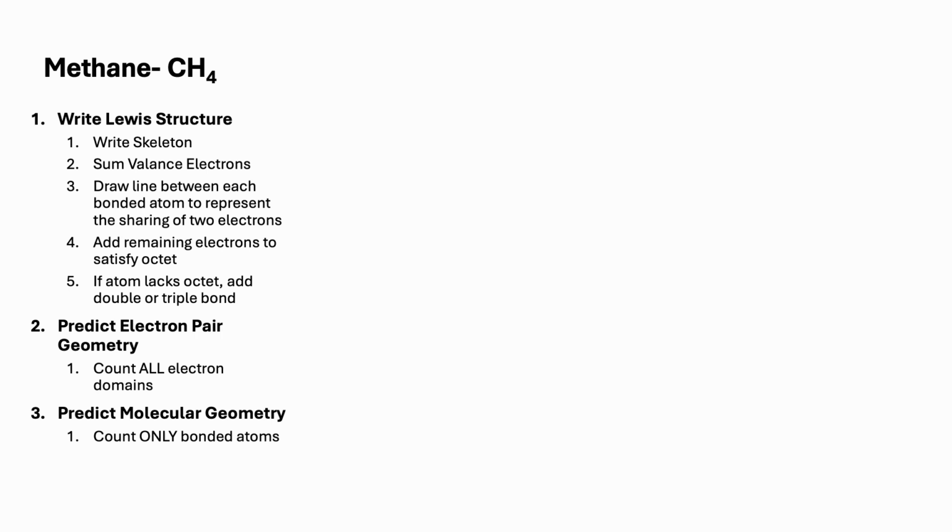All right, methane. We are going to write out its skeleton. So we know carbon is going to be your central atom because the hydrogen are always going to go out on the terminal ends. And the hydrogen are going to spread out in a cross formation because they don't want to be clumped together due to the repulsion between electrons. And we're going to sum all of our valence electrons, step 2.